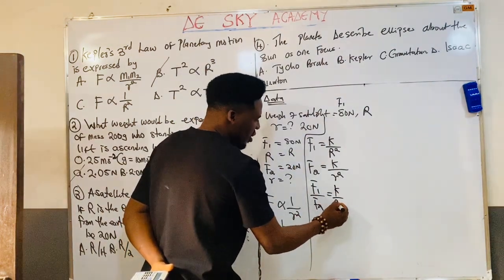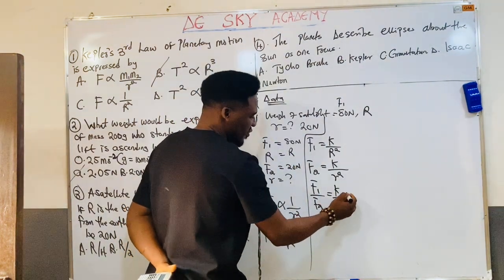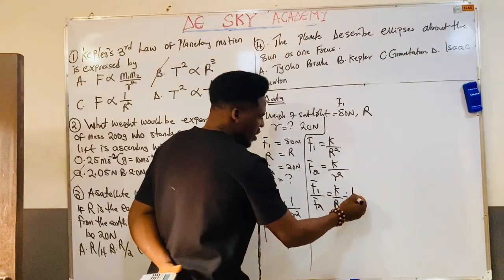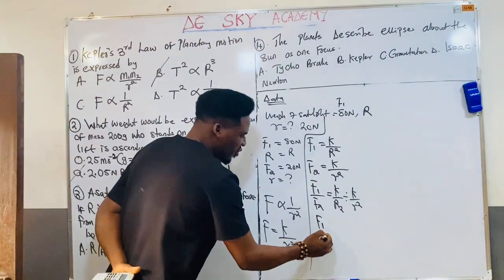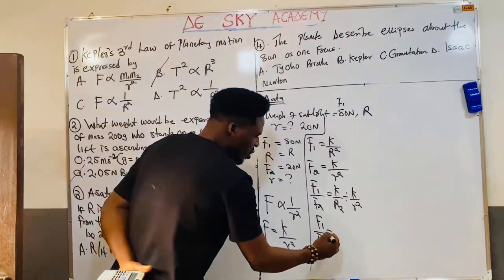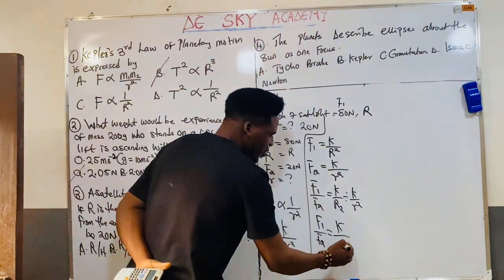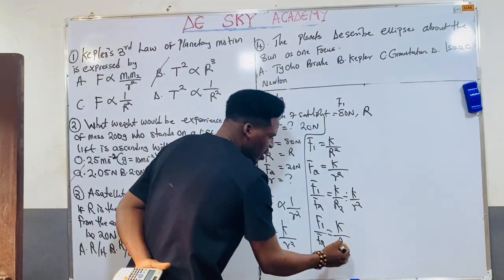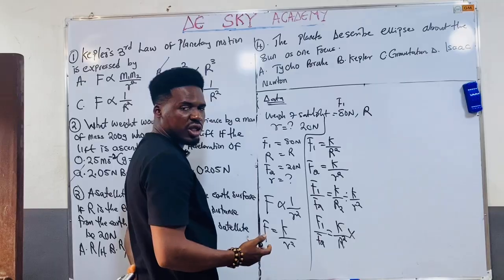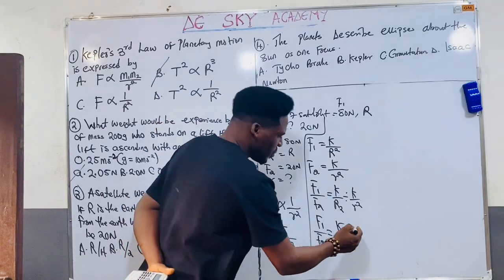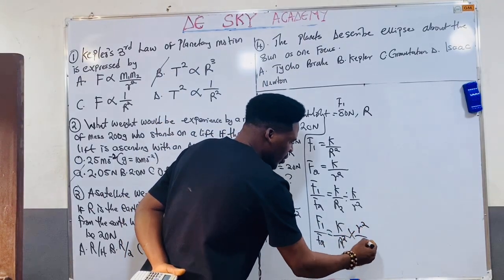K over R square, divided by K over r square. So I will now have that F1 over F2 will be equal to K over R square, times, once multiplication is introduced, inversion will take place, which is r square over K.